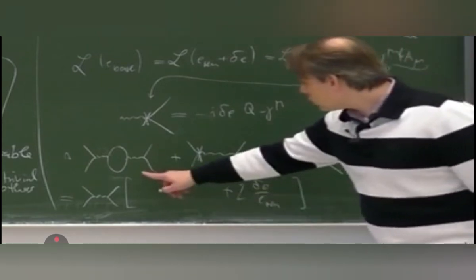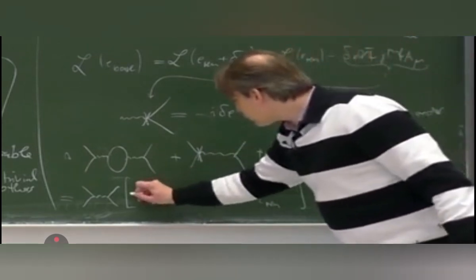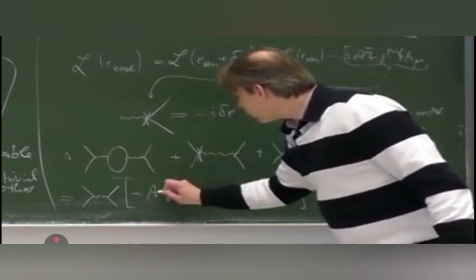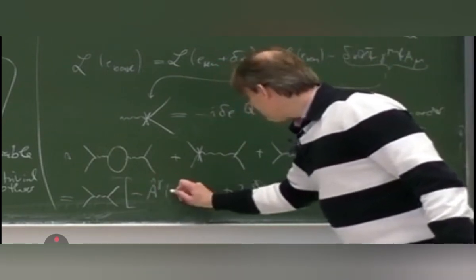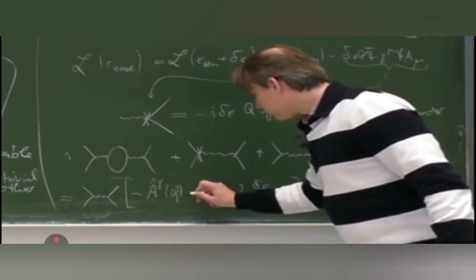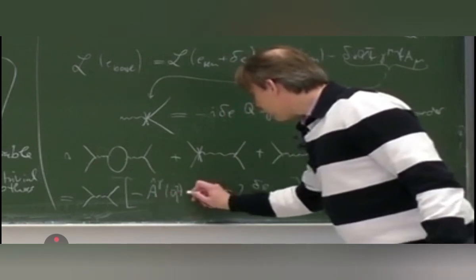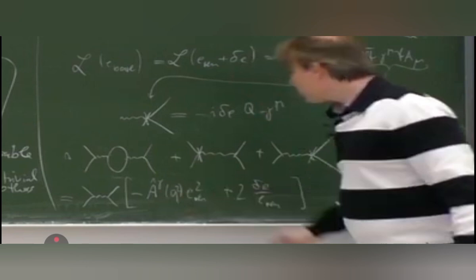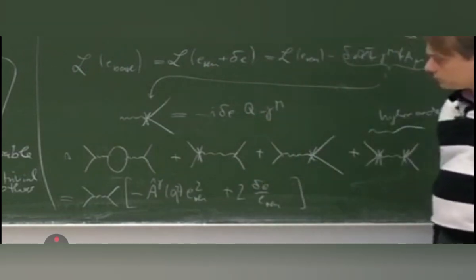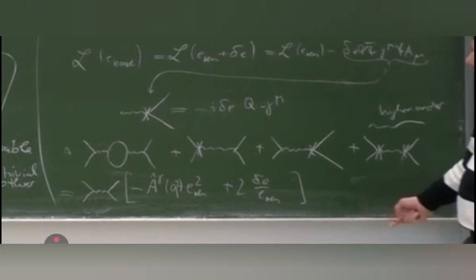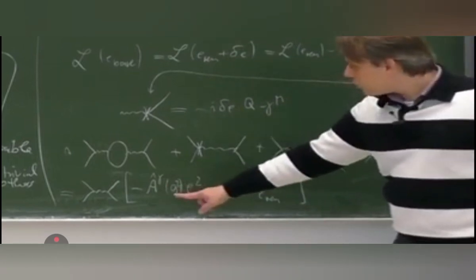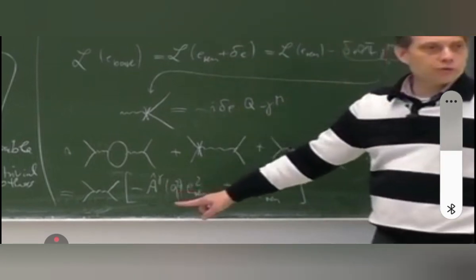And here, let's get the signs correct, we get minus A hat gamma of Q square times e renormalized square. And then you see that is the correction that we get. The A gamma has a divergent part, but the divergence does not depend on Q square.